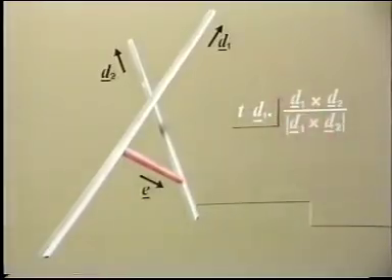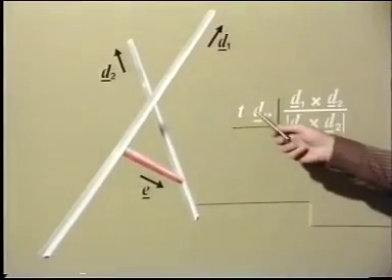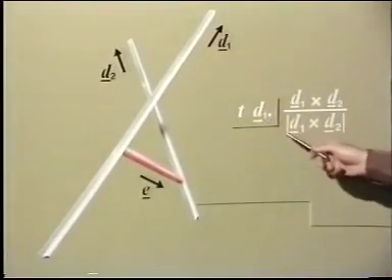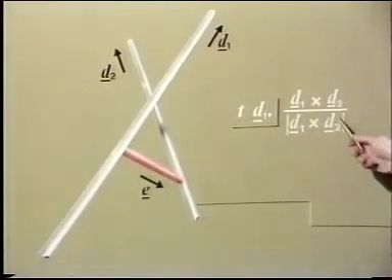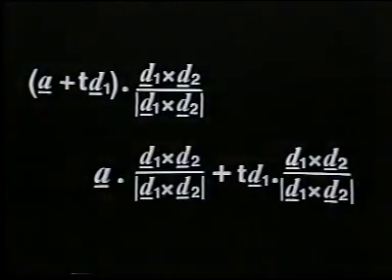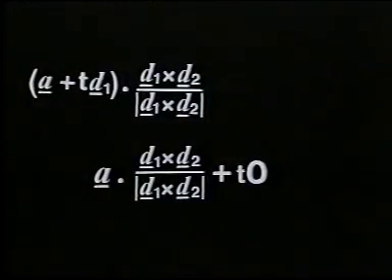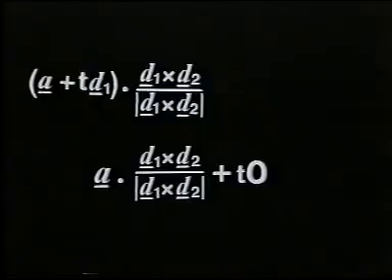Now, the dot product of two vectors which are perpendicular is 0. And so the dot product of D1 with this vector is 0, and so our term involving T is just 0. And we're left with A dot D1 cross D2 divided by the magnitude of D1 cross D2. So that's the formula, and it works for the general case.